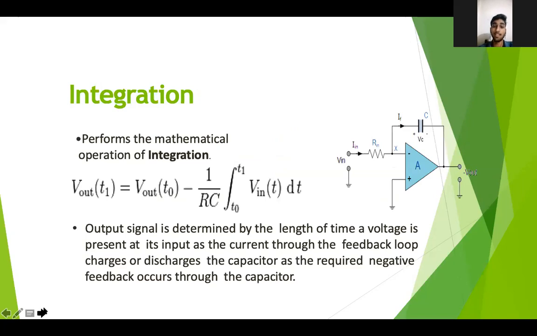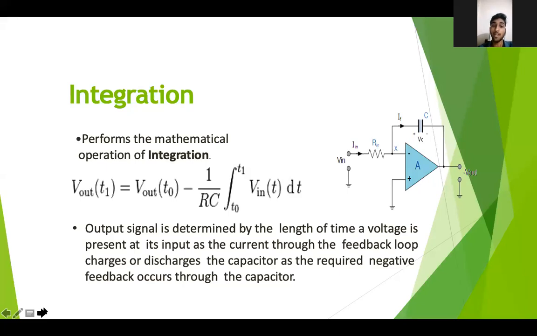As we know, integration is a mathematical operation, and we can also perform integration in an electronic circuit using op-amp. Here from the circuit we can see that the input voltage is applied at the inverting terminal along with the input resistance Rin, and a feedback is given along with a capacitance C. Some abbreviations are used: T1 is denoted for the final time, T0 for the initial time, and T for instantaneous time.